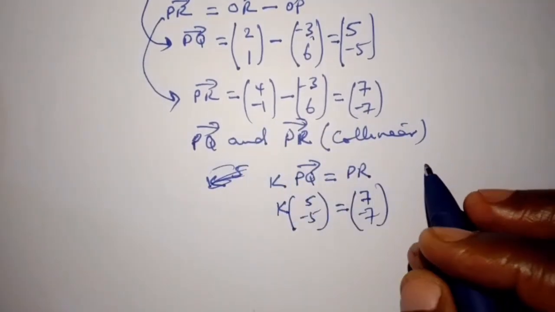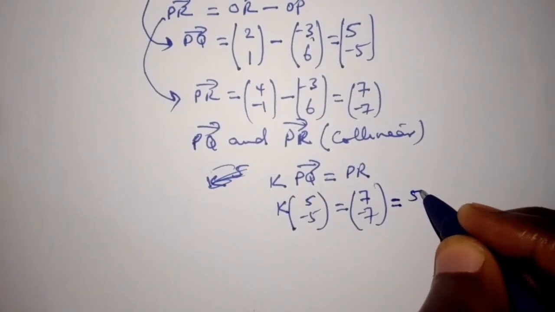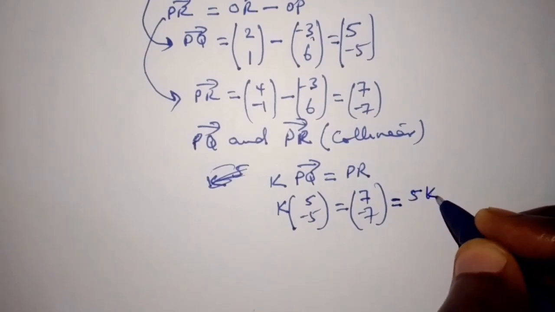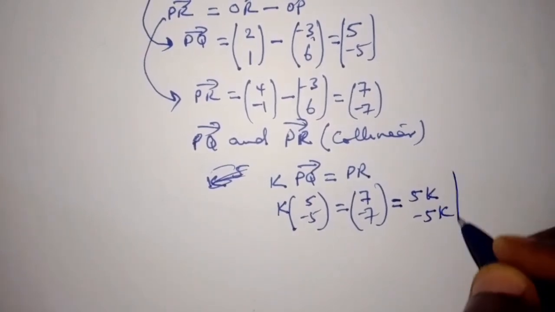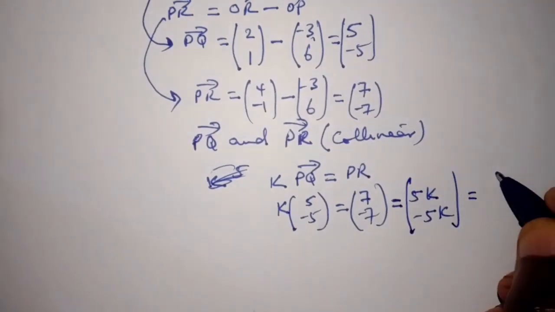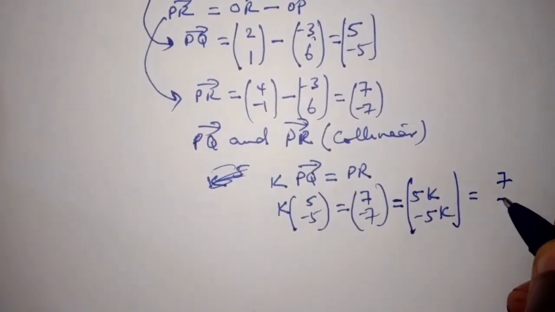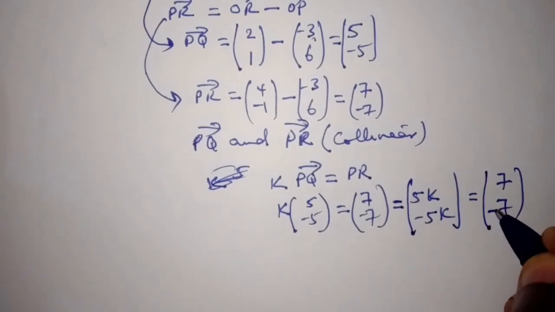This is going to give us (5K, -5K) is equal to (7, -7).